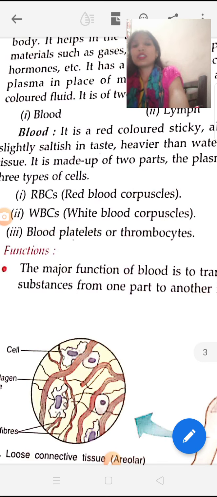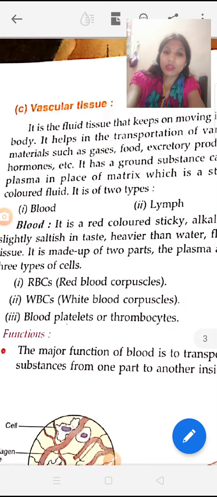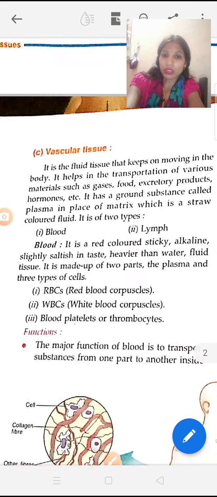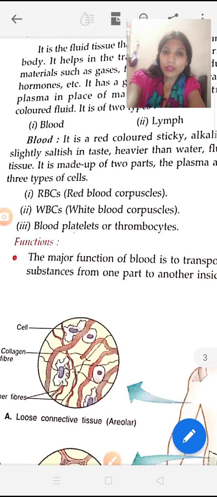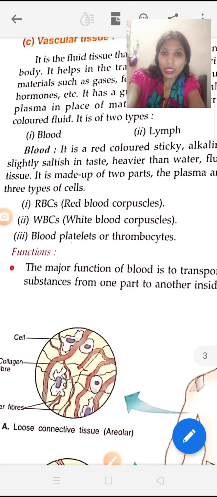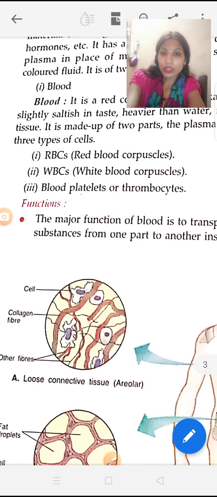Dear students, the circulatory chapter which is given in the 8th class, in that chapter you will study in detail about the blood and the lymphatic system. Here is only the basic introduction, right? If I start the blood, that is a very lengthy topic, but I'm not going to explain it, because this is only the introduction. Then the function you can study here.